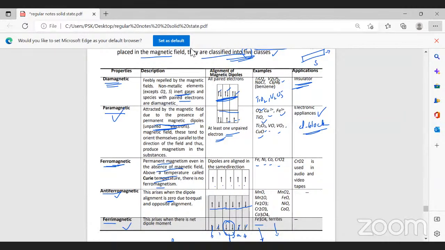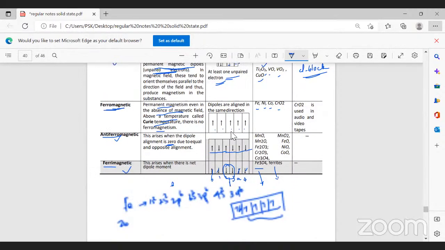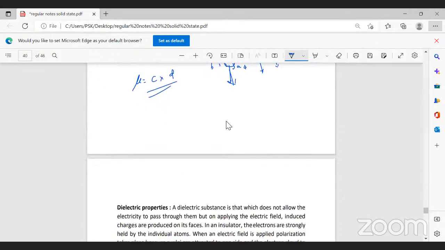Now, ferrimagnetic is upward arrow, downward arrow, downwards. Now see, this is upward arrow, electron, clockwise rotation.